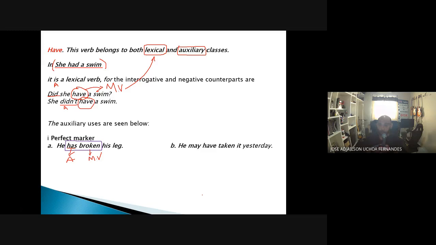So basically, it's that thing that I told you last class: when we have an auxiliary and a main verb, the auxiliary verb will take all the job to be done. The auxiliary verb is responsible for being inflected to its negative version or for being inverted with the subject.